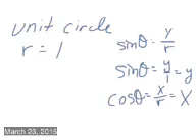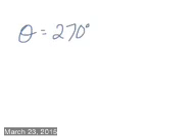Then we need to know what the x and the y is. A lot of times what they'll say is, evaluate or use the unit circle to evaluate the 6 trig functions of theta equaling 270 degrees.